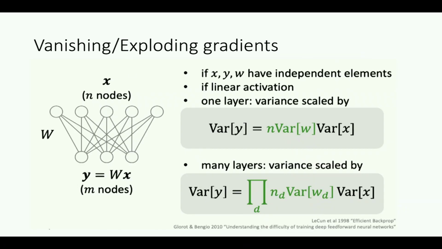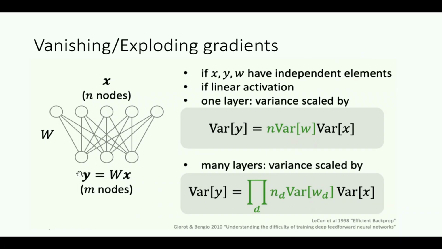put aside the nonlinearity for a moment, because for nonlinearity or dropout you can usually consider them as multiplying some constant in front of this variance analysis. We will have this multiplication effect of variance.